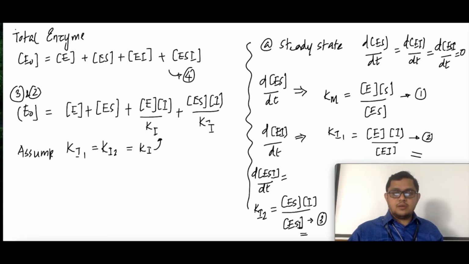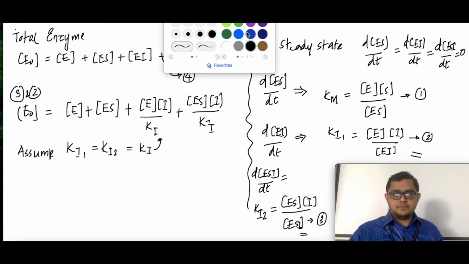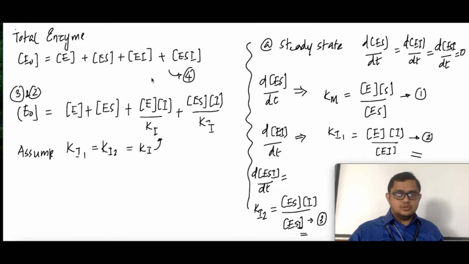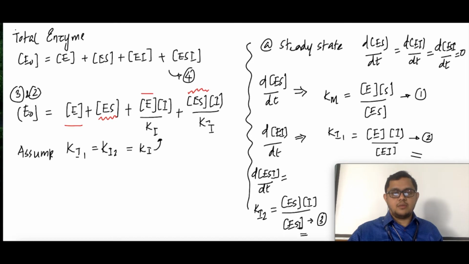Now we have some common terms in this equation. Let me point that out. E is present here and also present here. Similarly, ES is present here and also here. So you can take those terms out commonly so that you can combine the equation.